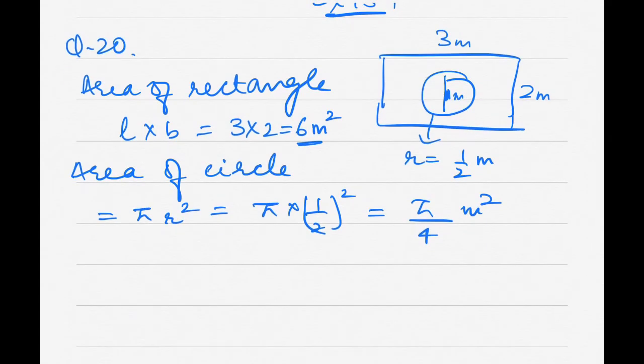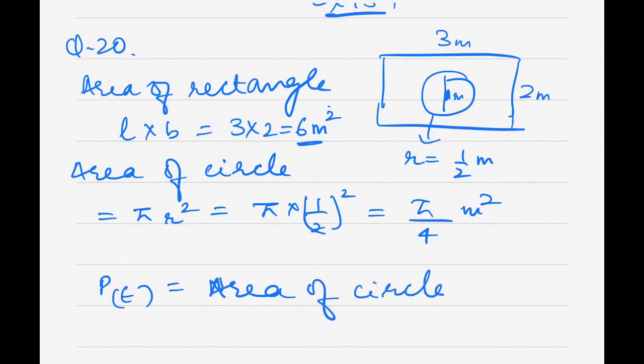Now the total number of outcomes will be the area of the rectangle, and if they want the probability that the die lies in the circle, that will be the area of the circle. So the formula is: probability of an event is equal to area of circle by area of rectangle.